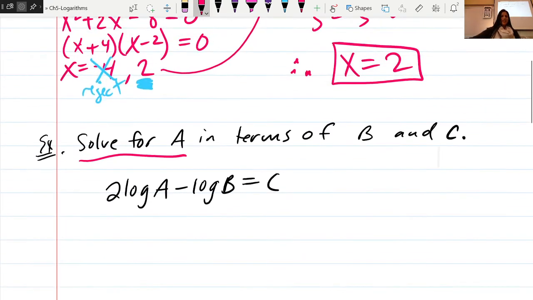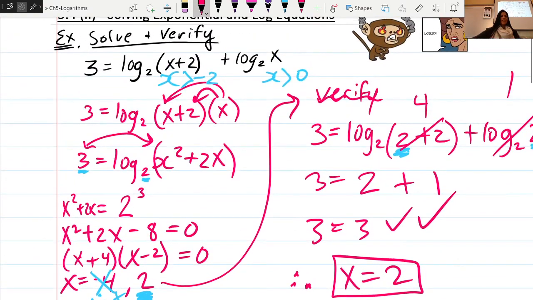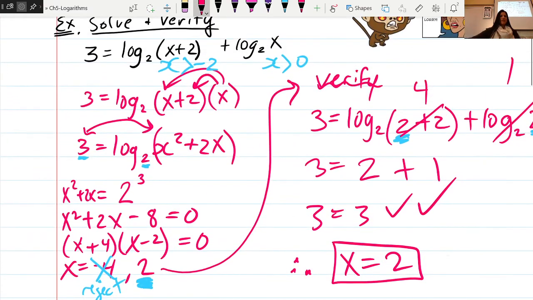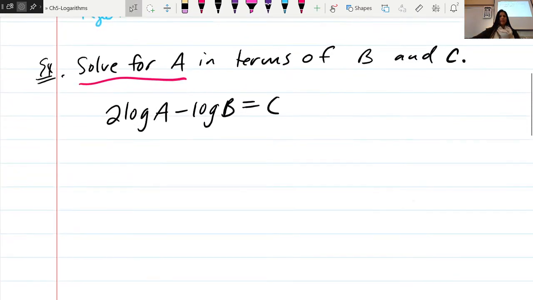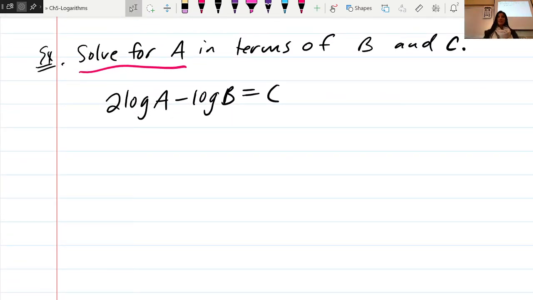Do you see that it's actually a lot like the last question we did, but instead of numbers, we're simply dealing with all these variables, but we're still doing the same thing.